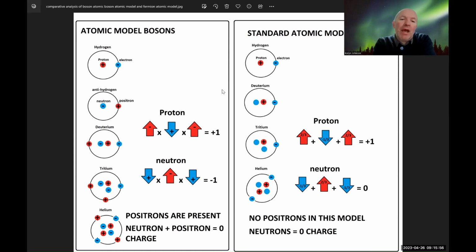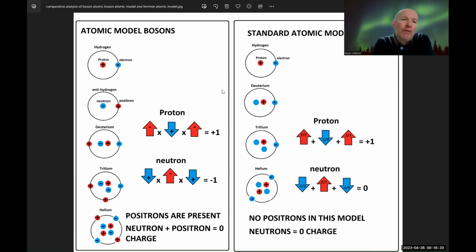So here we have a neutron at -1 plus a positron at +1 gives an overall charge of 0. So we have the same overall charge as in the standard atomic model, but we have included positrons.